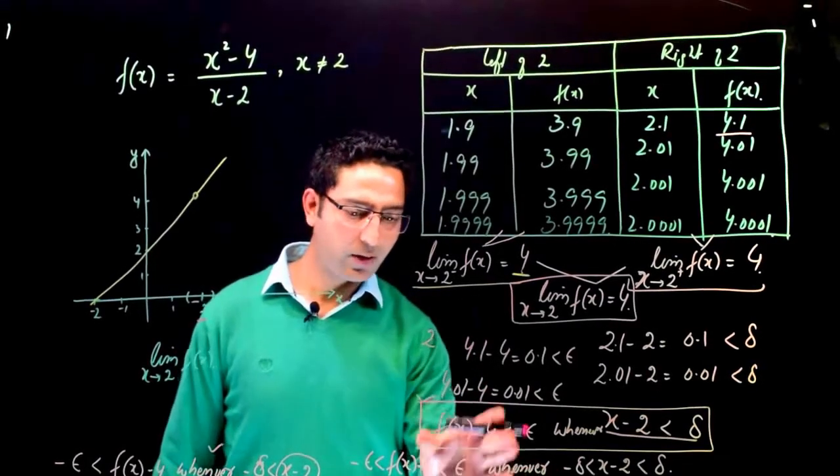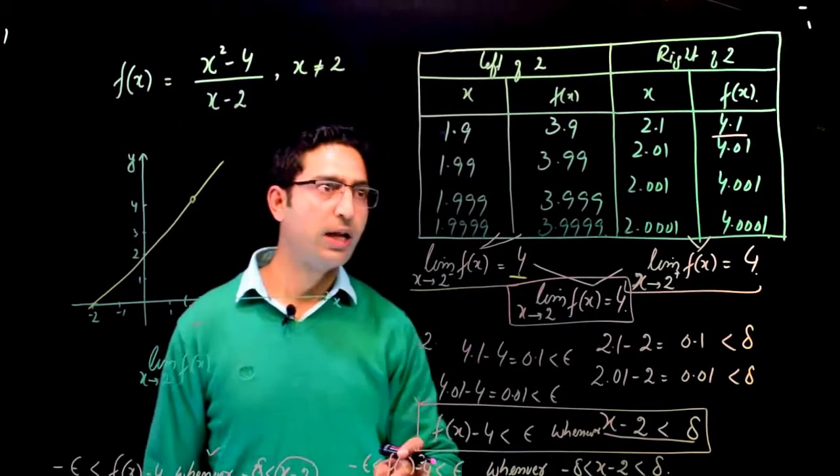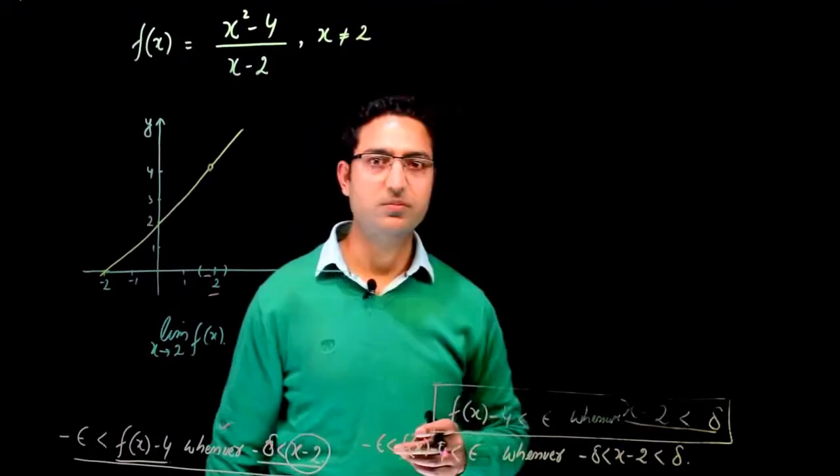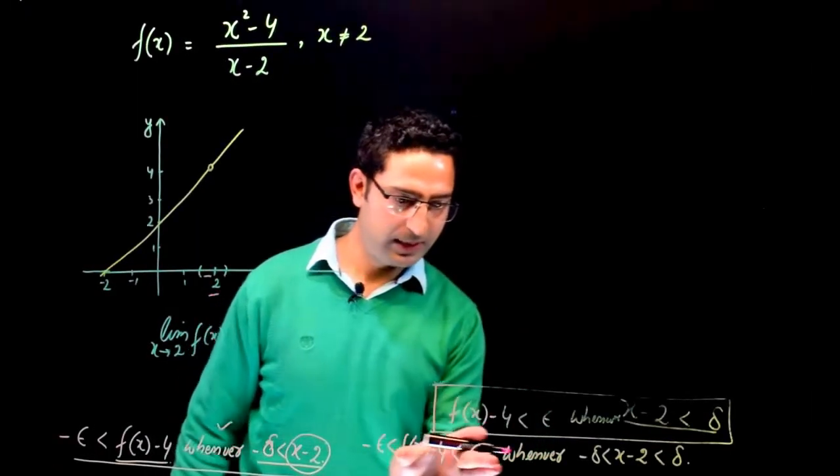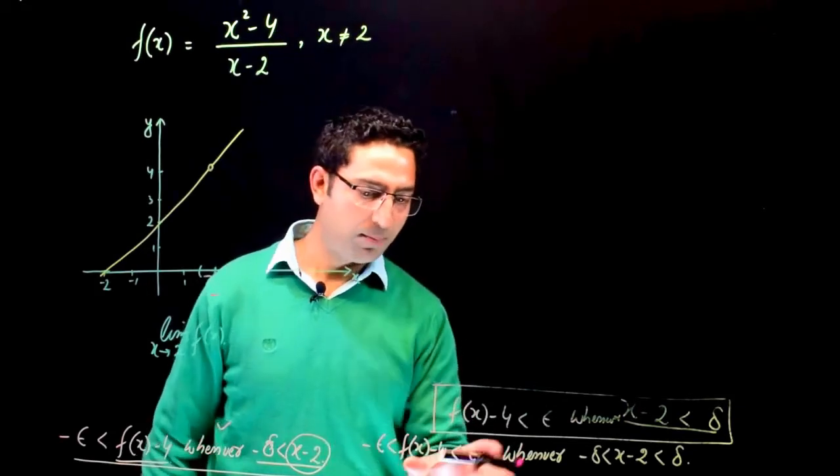So I can write it in terms of mods, but for that let me rub out this table first. So this is a combination of this and this, but I can rewrite it.